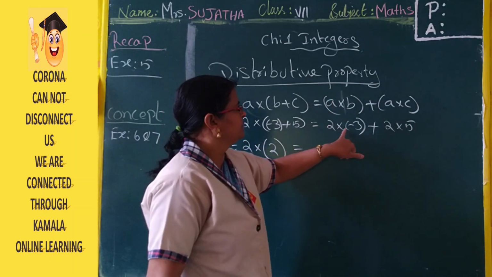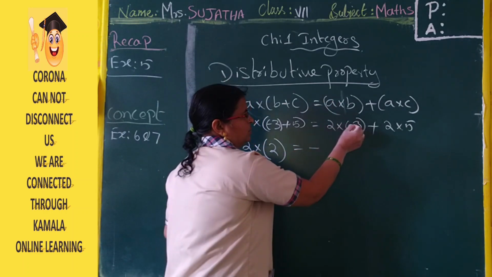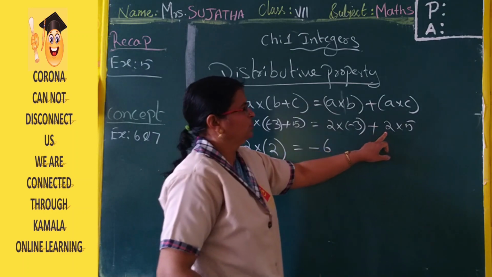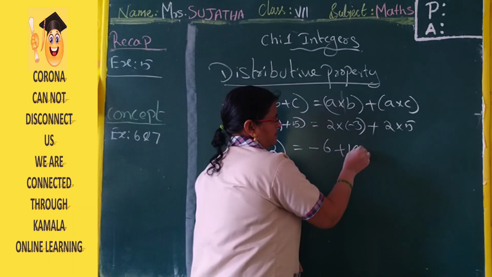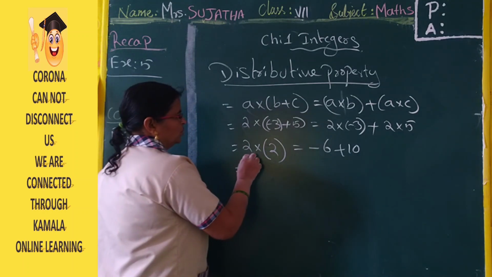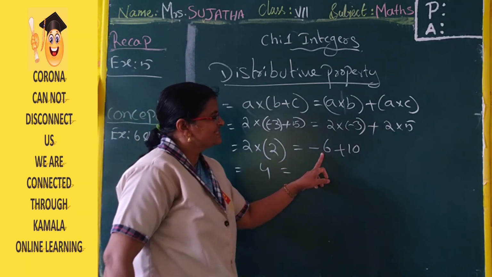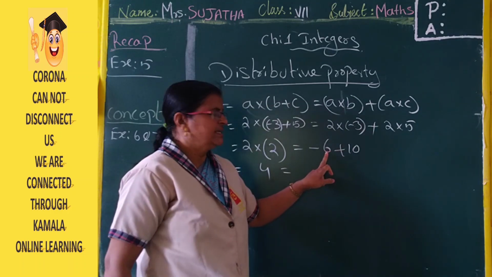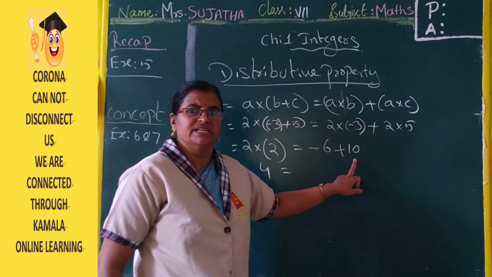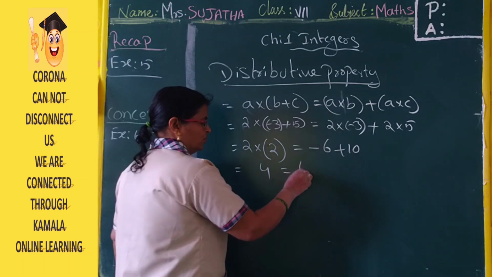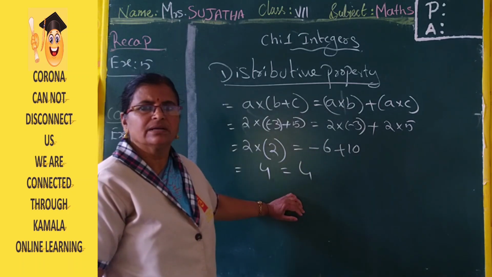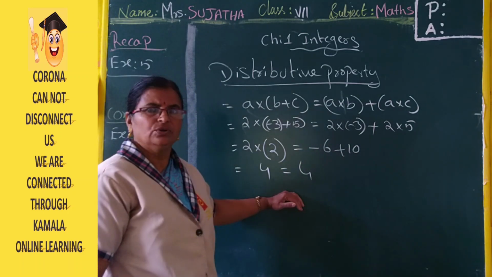So, plus into minus is minus: 2 threes are 6. Now, 2 fives are 10, plus 10. Now, 2 twos are 4 is equal to minus 6 plus 10. This minus 6 should be subtracted from plus 10. What will you get? 4. Now, are you getting the same answer on both sides or not? Yes, 4 is equal to 4.